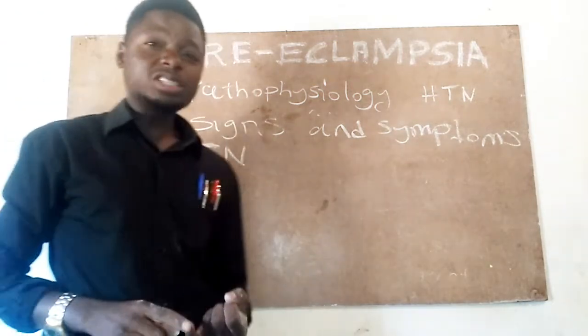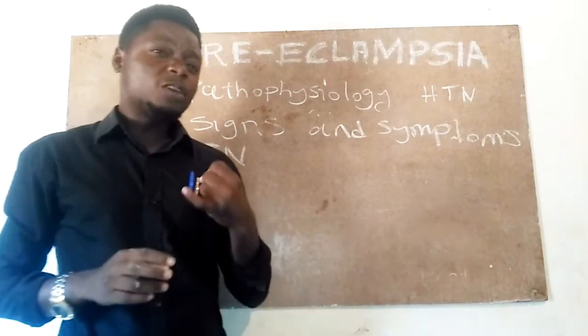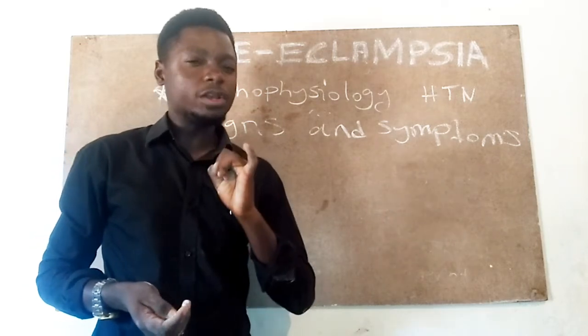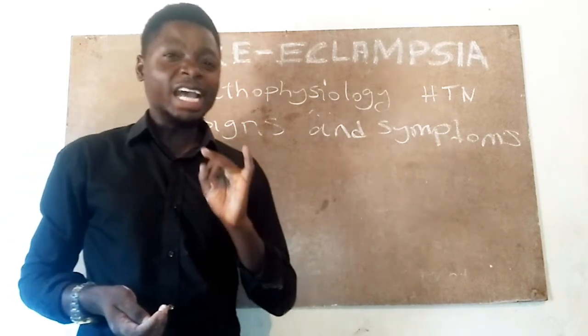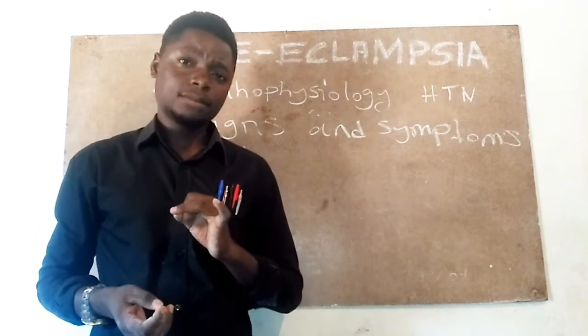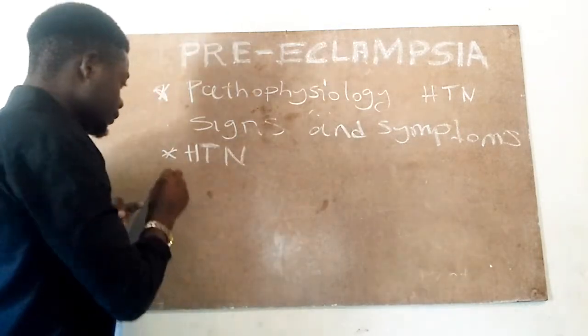Now, when we're talking about hypertension, we're talking about elevated blood pressure of at least 140 millimeters of mercury being the systolic blood pressure, and at least 90 millimeters of mercury being the diastolic blood pressure. The other classic triad is protein in urine.